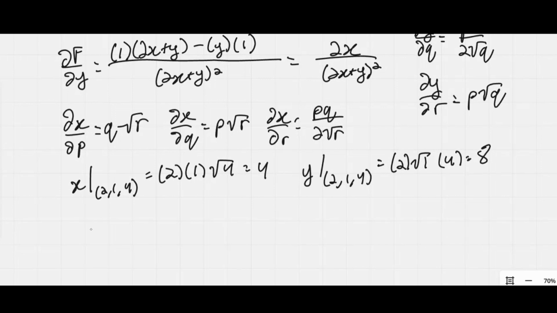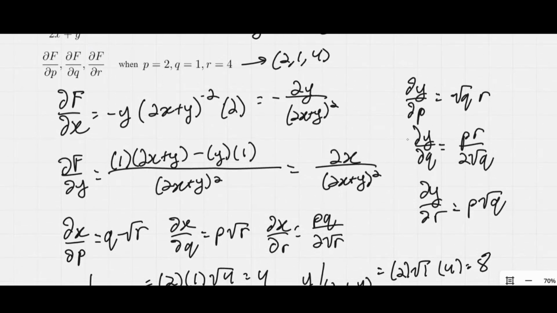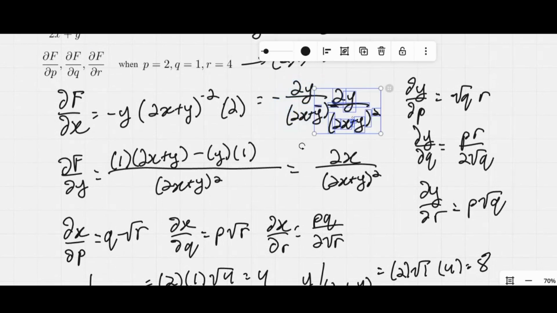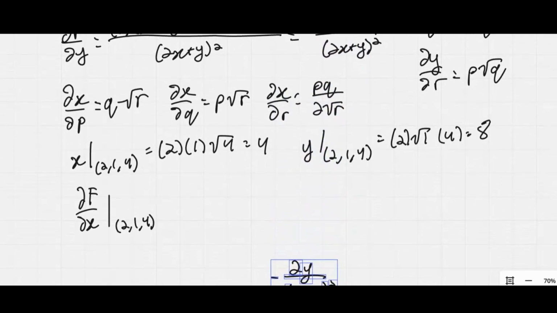And so del f over del x at the point 2, 1, 4, recalling our value for del f over del x, I'm just going to copy and paste that. It's much simpler. And so now all we have to do is substitute in our expression.